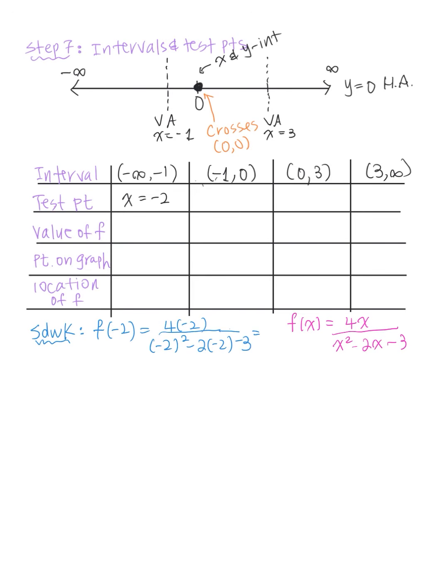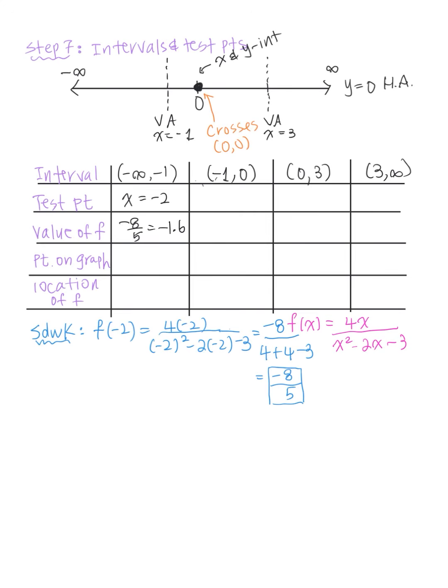So then, let me see, we're going to have -8, whole thing divided by 4, plus 4, and then minus 3. Which is going to give us -8 over, so 4 plus 4 is 8, 8 minus 3 is 5. So here it is, -8 over 5 is going to be the y value when x is -2. So I'm just going to write that out here, -8 over 5, which is -1.6.